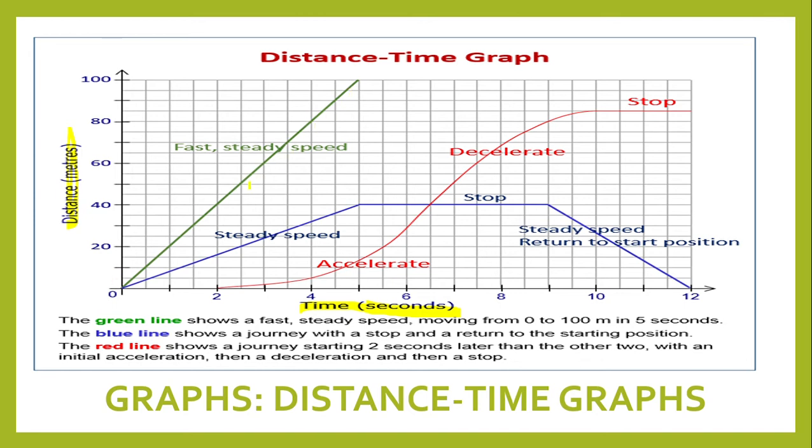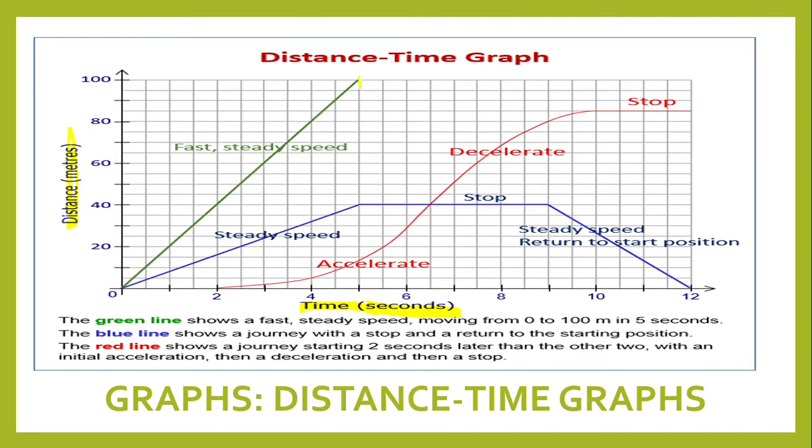A straight line shows that the object is moving with steady speed, with uniform speed, that its speed is not changing, is not increasing, or is not decreasing, right? So it's a straight line, and now how do I know that its speed is not changing?